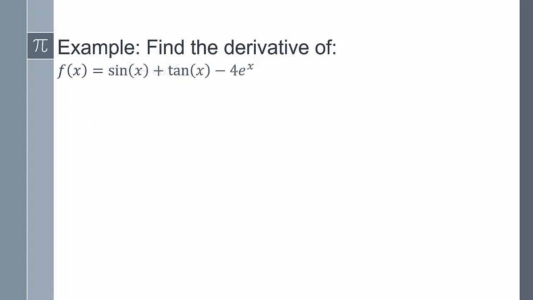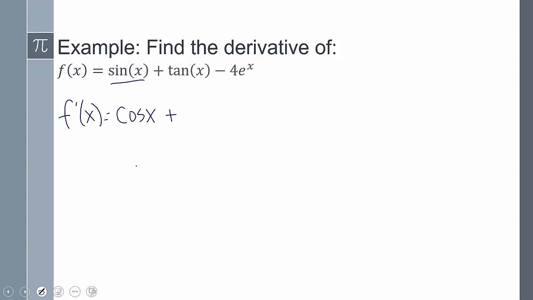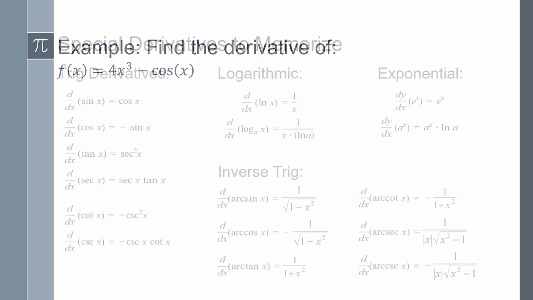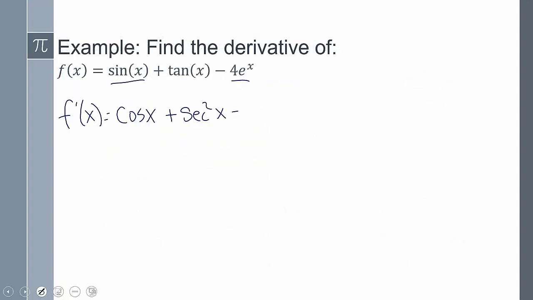Plus, now I have to look at the derivative of tangent x. Tangent x says it's secant squared x. And then minus 4e to the x. For exponential, it says e to the x is e to the x. Look at that, that's kind of cool. So it's still 4e to the x, and that's my answer.